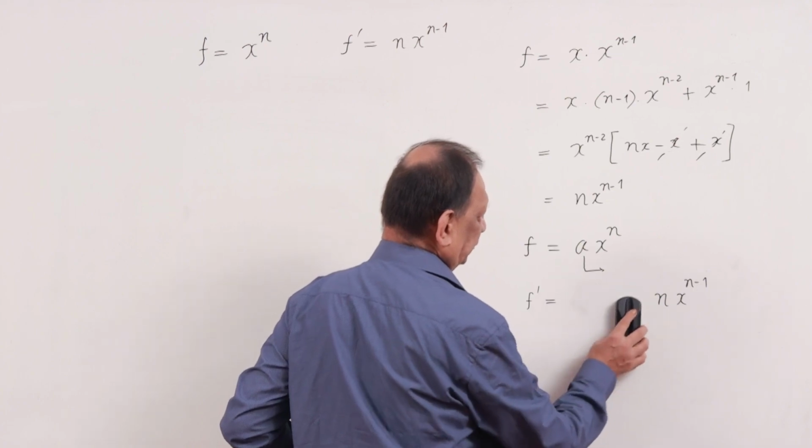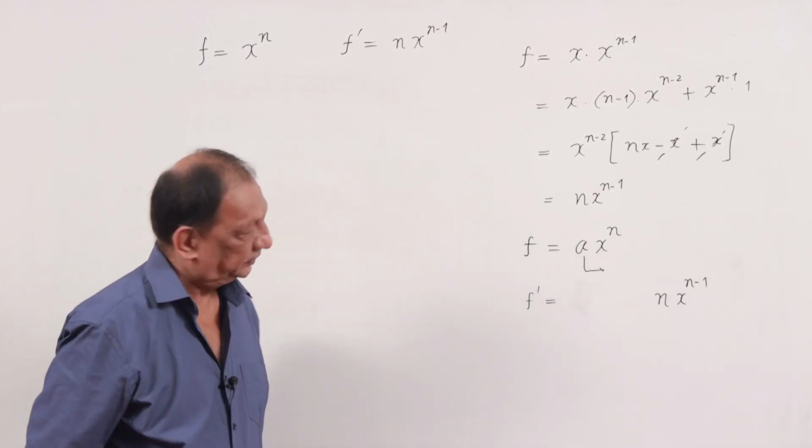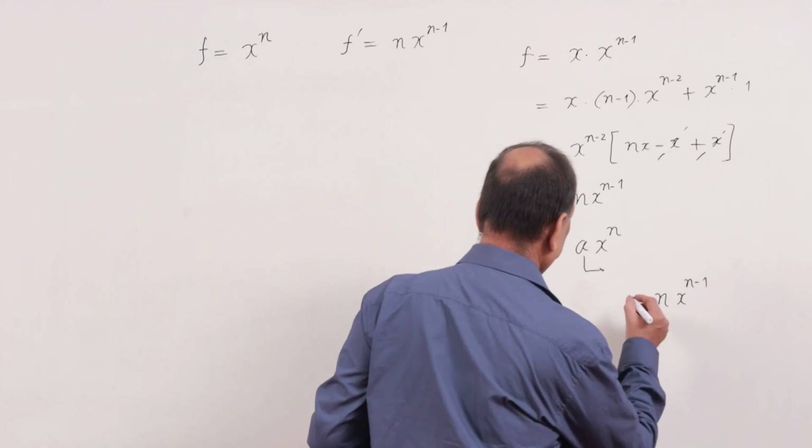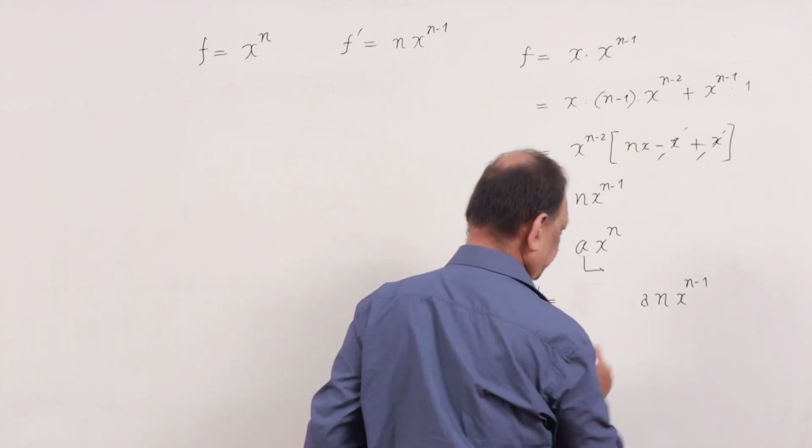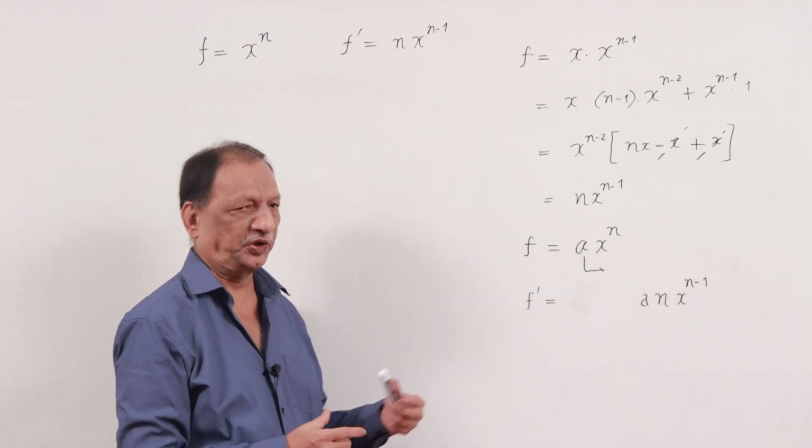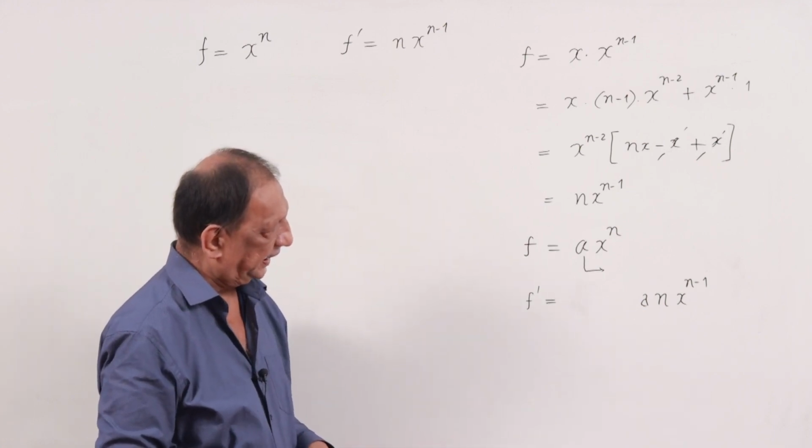Simple. So a n x to the power of n minus 1, that would be the derivative.